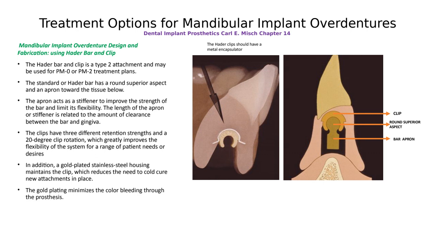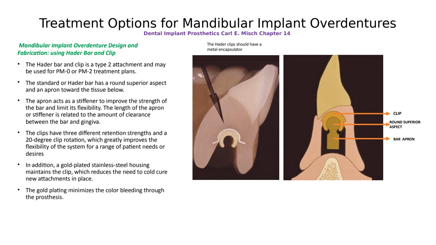The mandibular implant overdenture design and fabrication using the Hader bar and clip. In these pictures, we can see very well how this works. So the Hader bar clip works with a metal encapsulator.